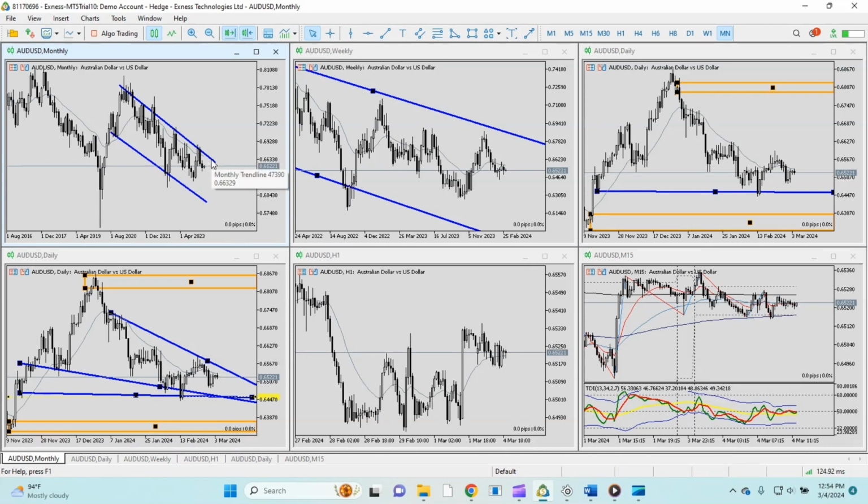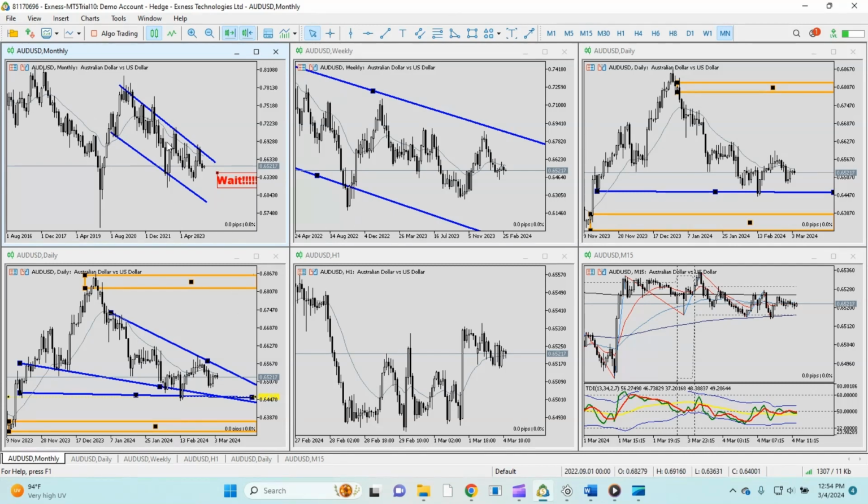It is possible that the market makers may continue to push price up just to grab this liquidity before coming down. So you just need to be observant, and very careful with the way you enter your trade. You don't just enter a trade.